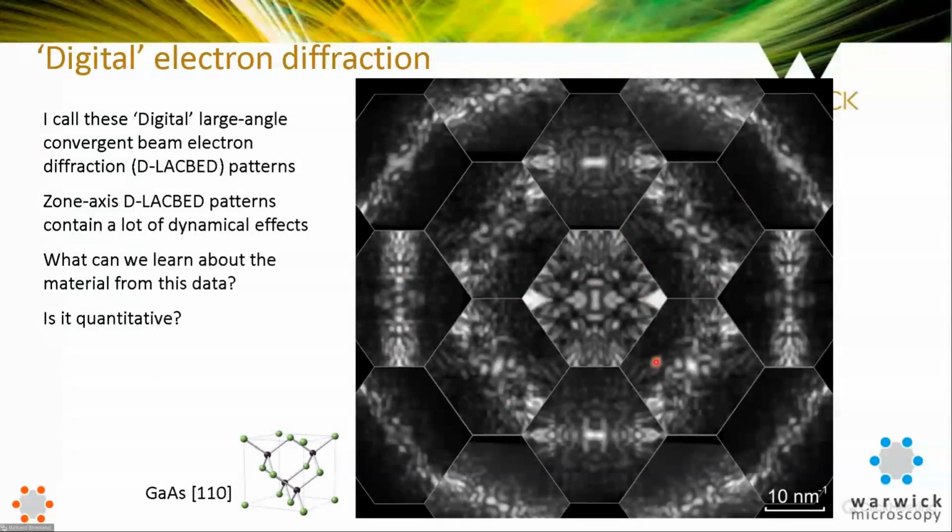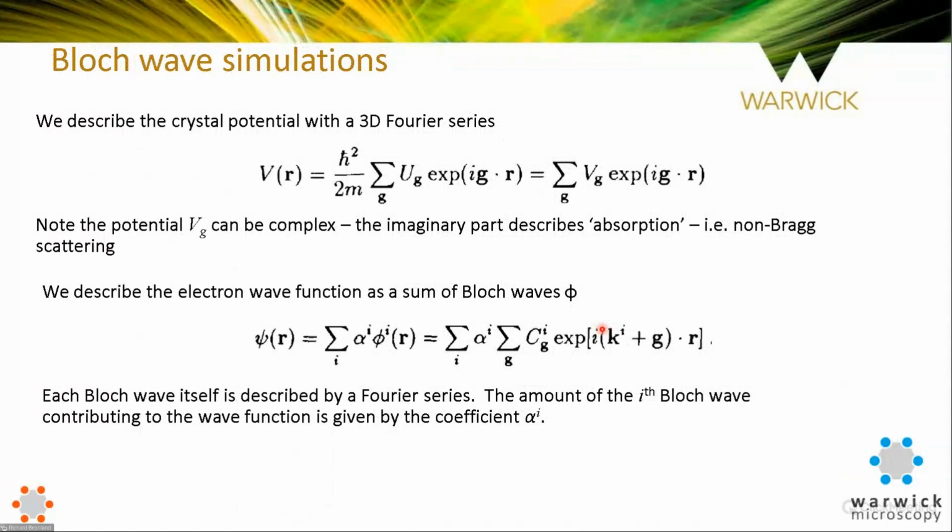But I was really interested to see if there's anything more quantitative you can do with this kind of data. So to explore that, I've written some Bloch wave simulation code. So I'll just very briefly talk about Bloch waves. You take your crystal potential and you describe that as a 3D Fourier series.